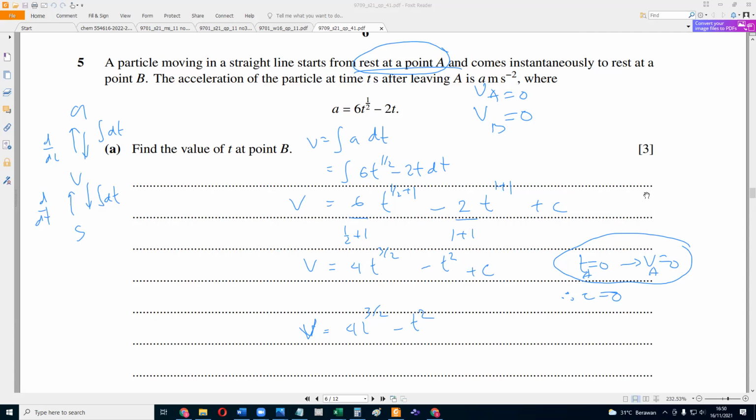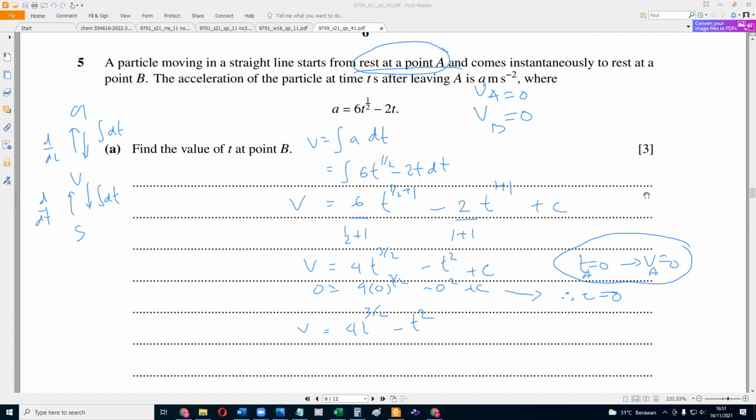Now, if we put the numbers there, 0 is 4 times 0 to the power 3 over 2, minus 0 squared, plus c. We found that c has to be 0. Now we know the formula: v is 4t to the power 3 over 2 minus t squared.